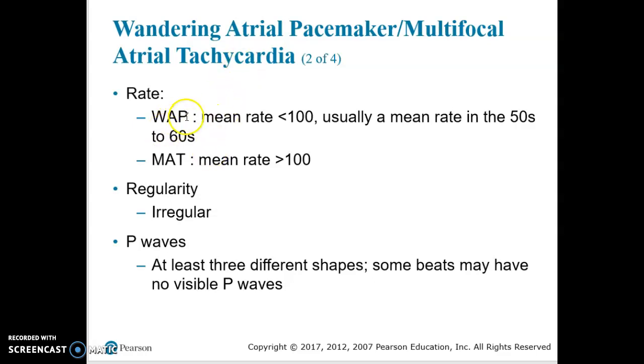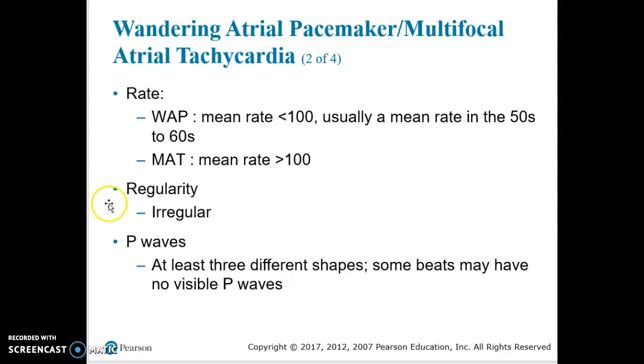With wandering atrial pacemaker, the mean heart rate, again, we have to know how to figure out and work through these rhythms, okay? So the mean heart rate is less than 100. Usually a mean rate in the 50s to 60s with wandering atrial pacemaker. With multifocal atrial tachycardia, the mean rate is greater than 100.